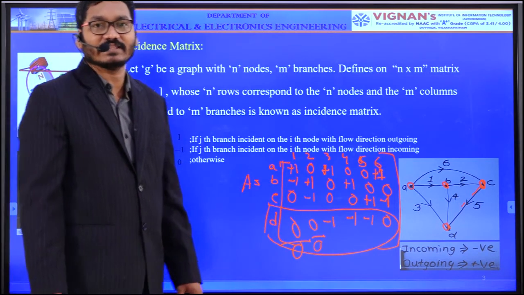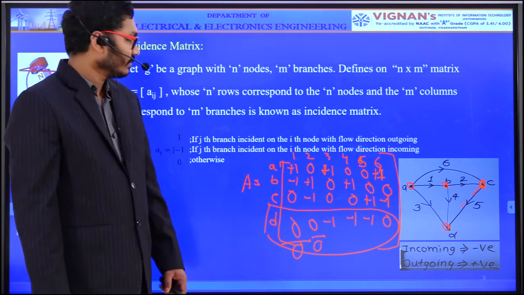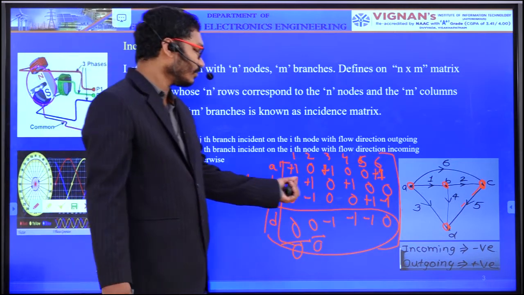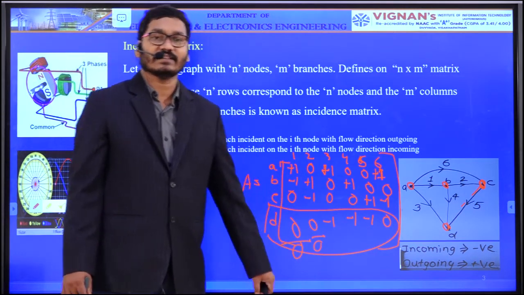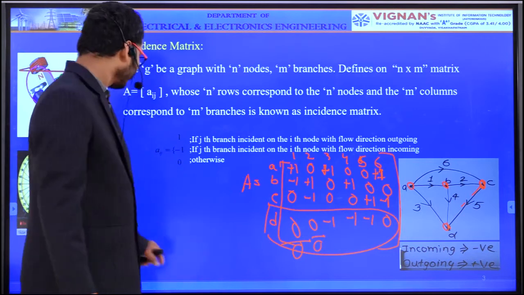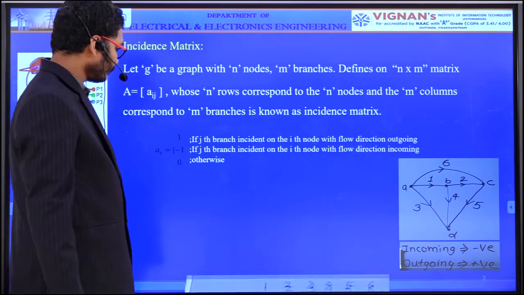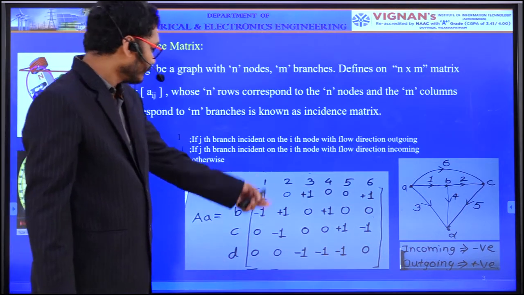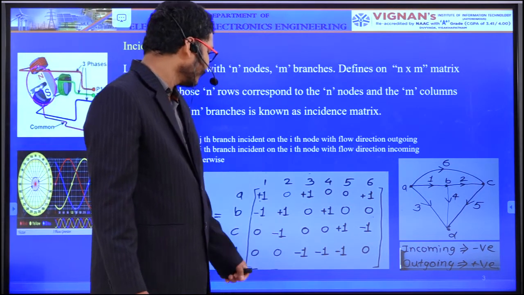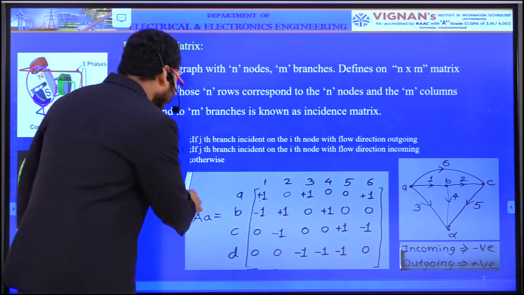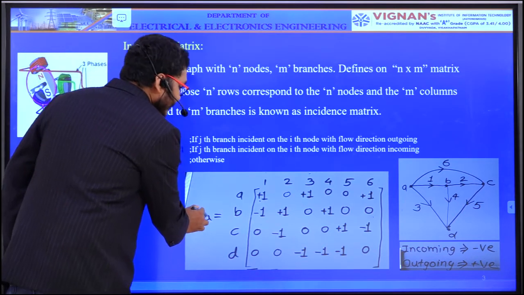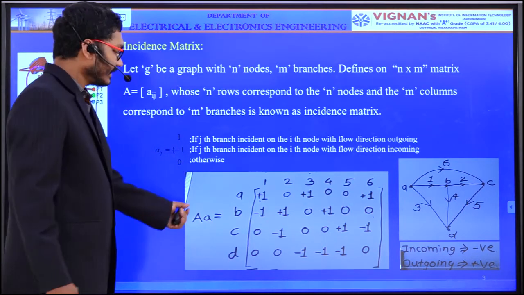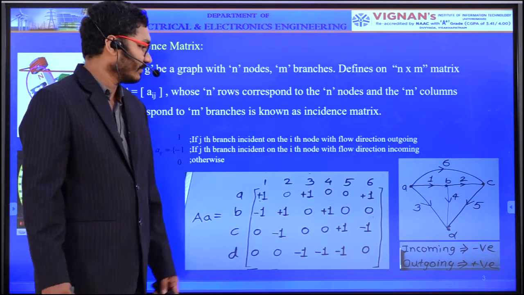If any one row is ignored, we call it the reduced incident matrix. See here, same as what I have done previously, this is A, so A is the incident matrix here.